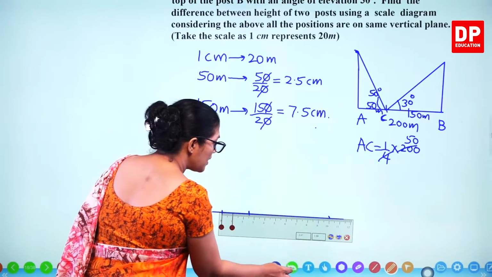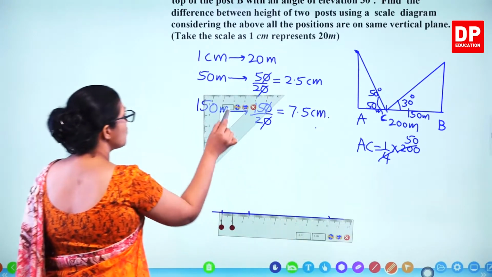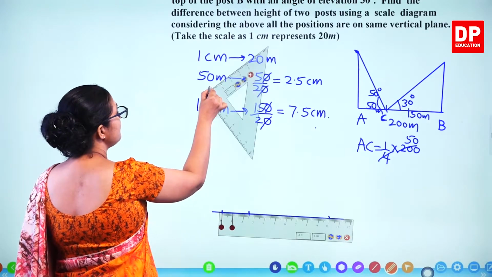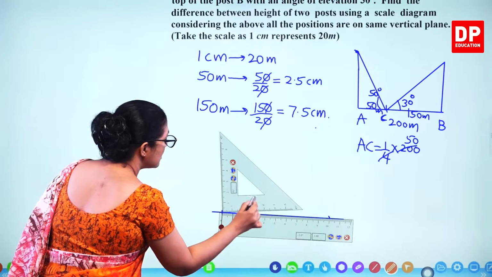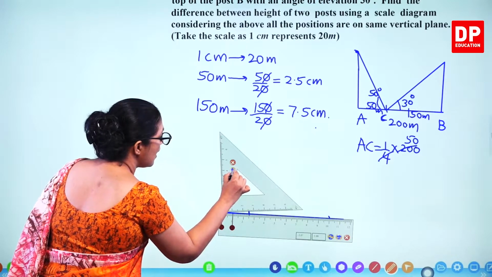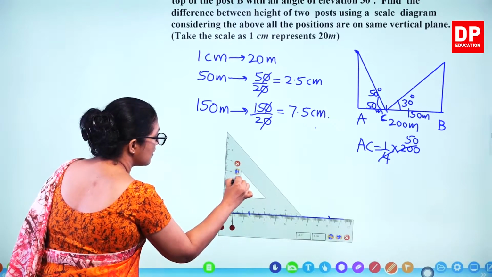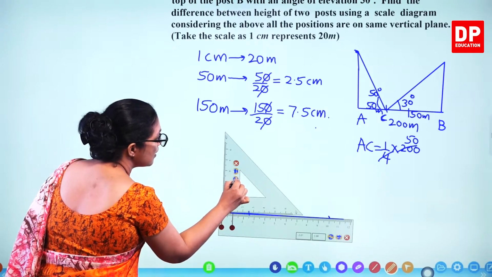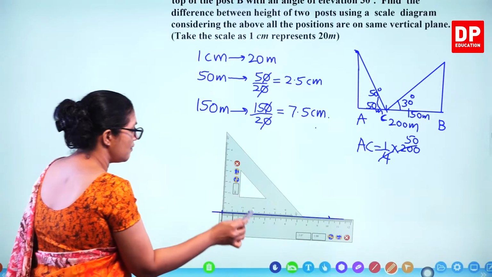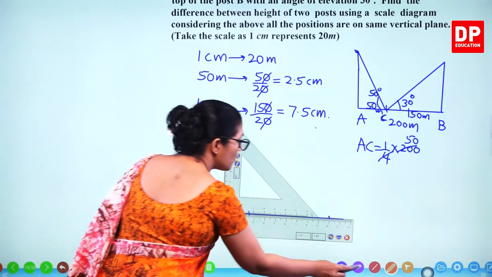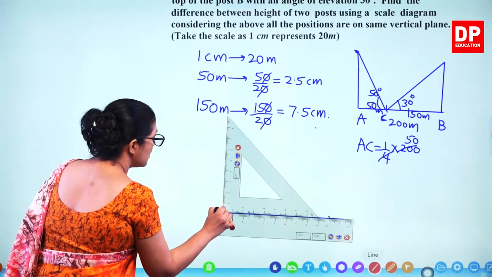And then you can take the set square and draw the vertical lines. So we can keep on top of this, and we can draw these vertical lines.